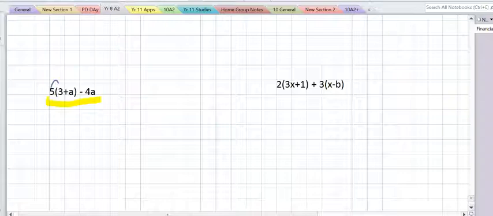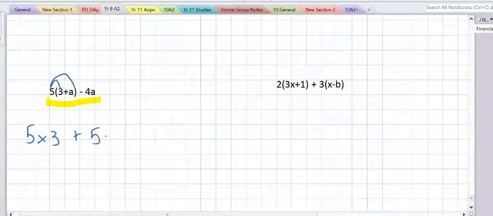Good. Next one, 5 times a. Good. So the 5 goes to both. Plus 5 times a. And remember, there's still a minus 4a on the back.